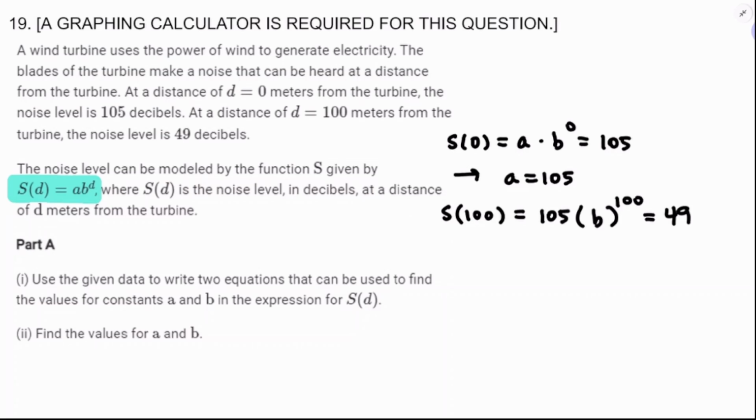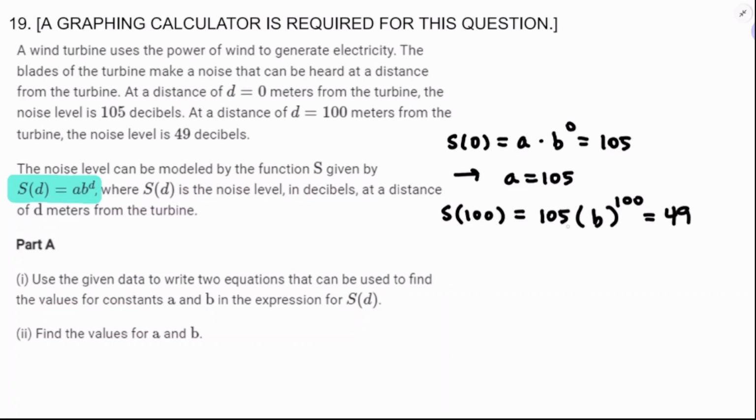D meters from the turbine. Maybe this particular wind turbine has sound that is modeled by exponential decay or something, and I'm sure that's fine. I thought it was inverse square. Noise or sound is oftentimes an inverse square situation, but inverse square, if you graph it versus exponential decay, it's not all that different.